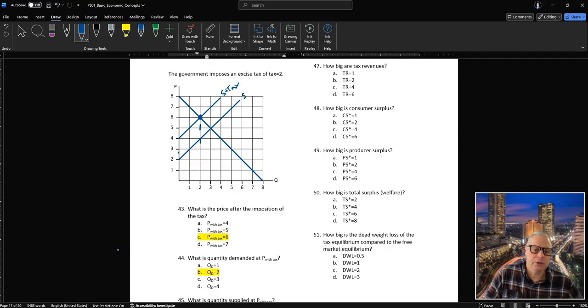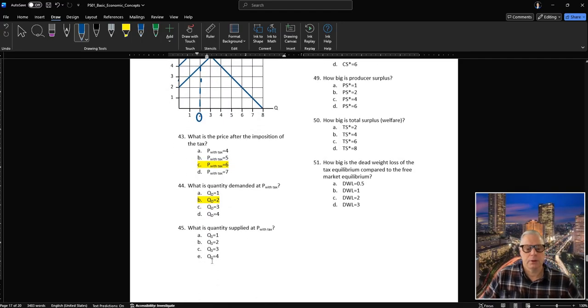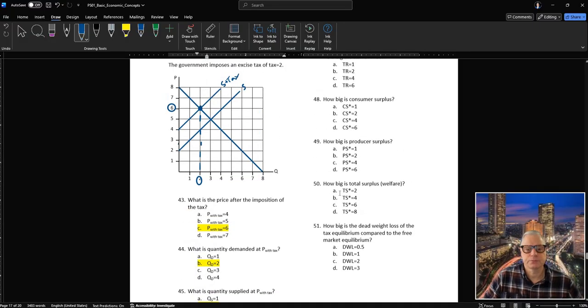So here we need to do our welfare analysis. So quantity supplied is also 2.